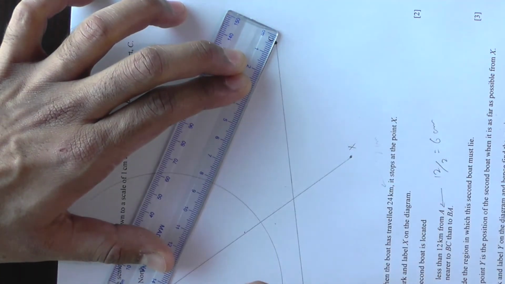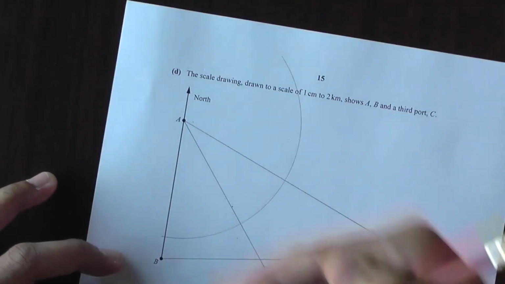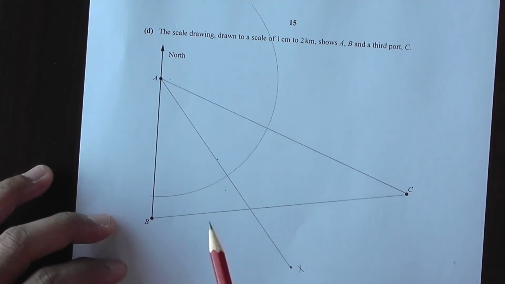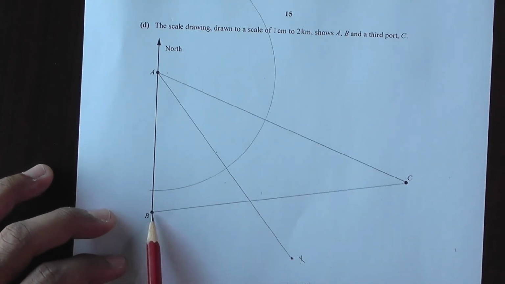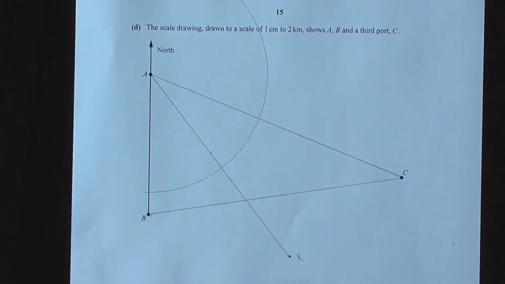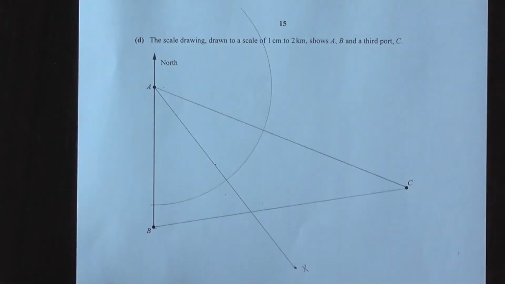Okay, so it said it's nearer to BC than it is to AC or even AB. So what we need to do is construct an angle bisector at B so that we can enclose this region by a straight line, and the angle that is towards BC would be the region. How do we do that?